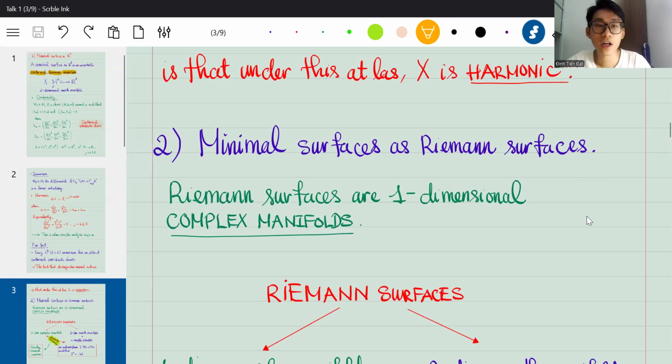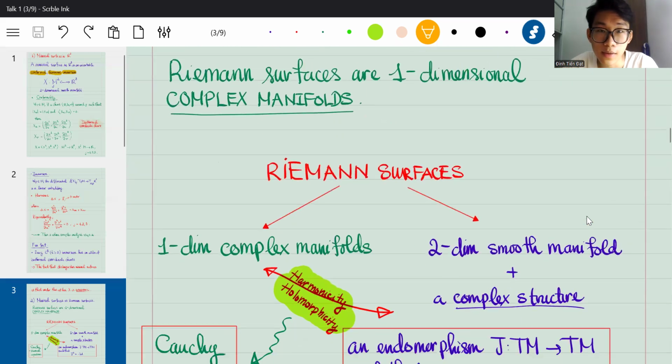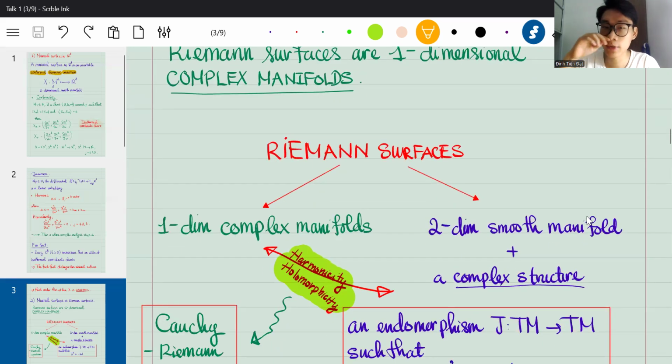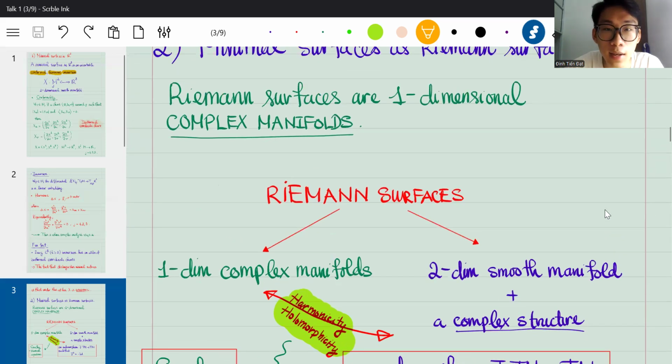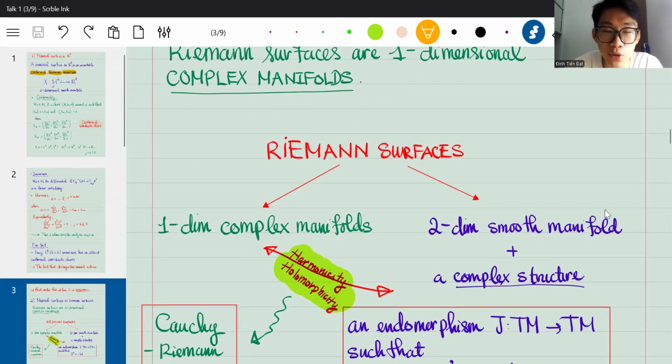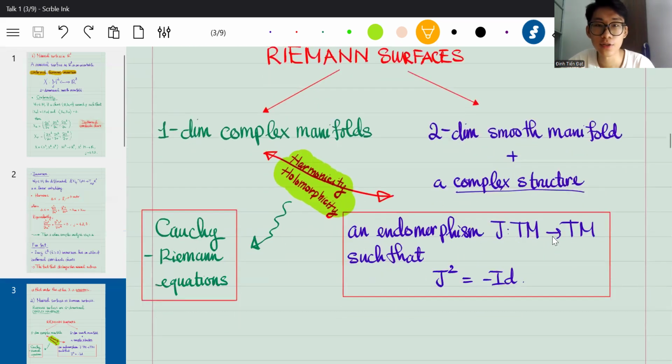So now let's talk about complex analysis, that is the Riemann surfaces. Okay, so first I'm going to talk about two different ways to talk about Riemann surfaces. The first one is that they can be regarded as one-dimensional complex manifolds.